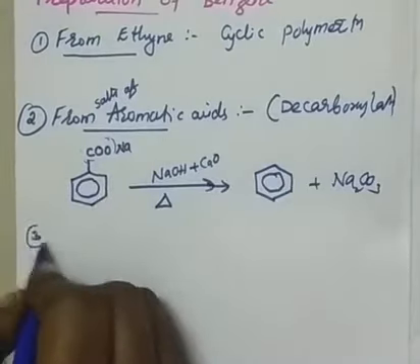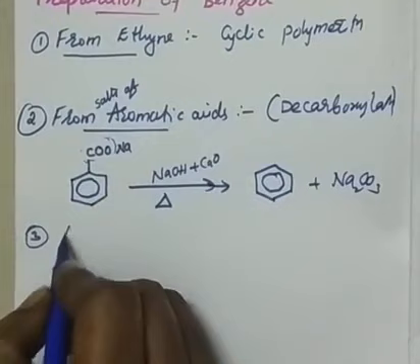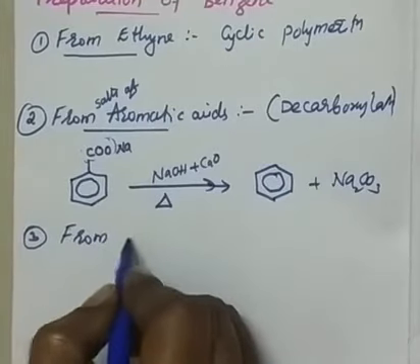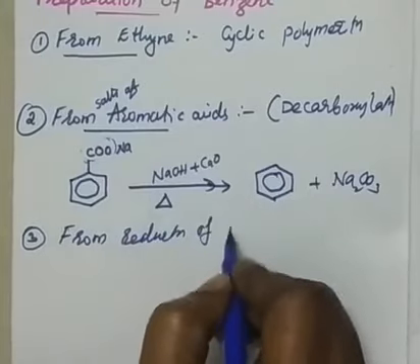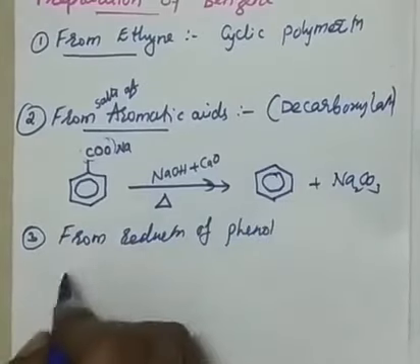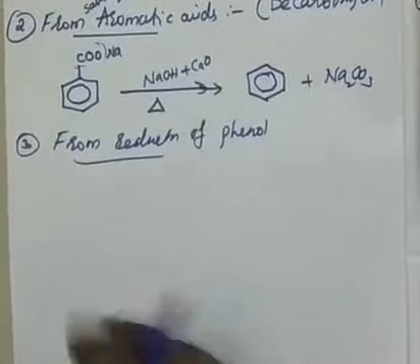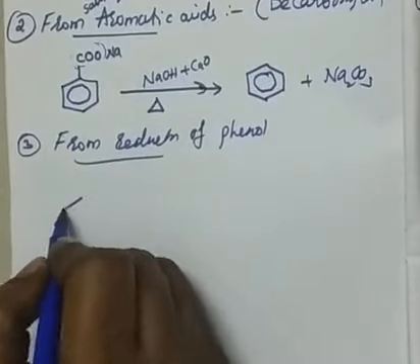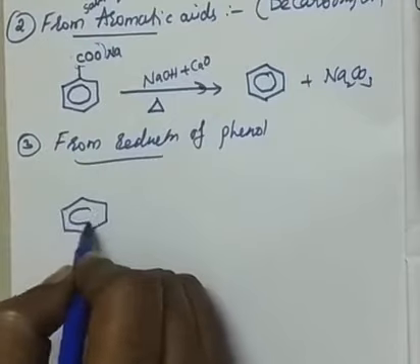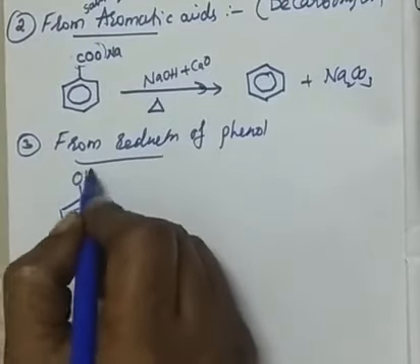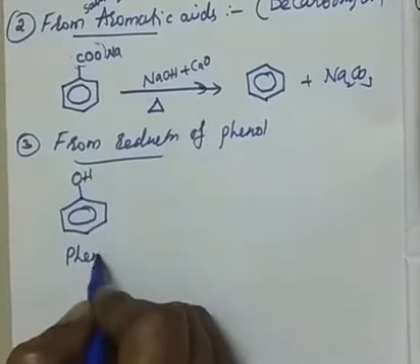And the third method of preparation is from reduction of phenol. What do you mean by reduction? Addition of hydrogen, right? So phenol. What is phenol? Onto the benzene ring, if you have an OH group, I call this phenol.